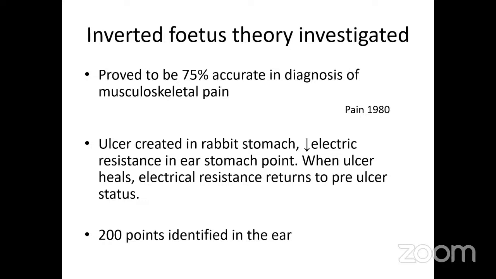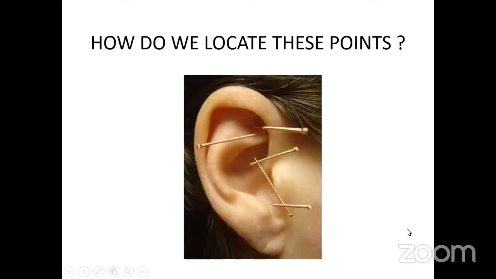Low resistance, isn't it? And it was further observed that when the ulcer heals, the resistance goes back to normal, what it was before the ulcer was created. So that further lends credence to the theory that the disease in the body is somewhere related to the part of the body represented in the ear. And more than 200 points have been identified in the ear. You have to remember all of them. I'm sorry, but some of them at least, over a period of time, you will learn to remember.